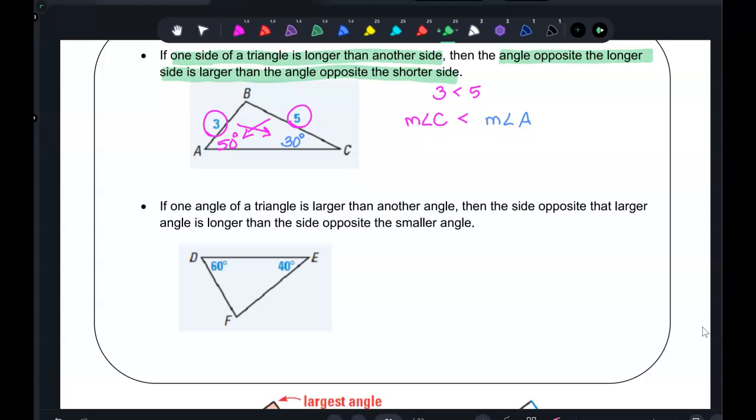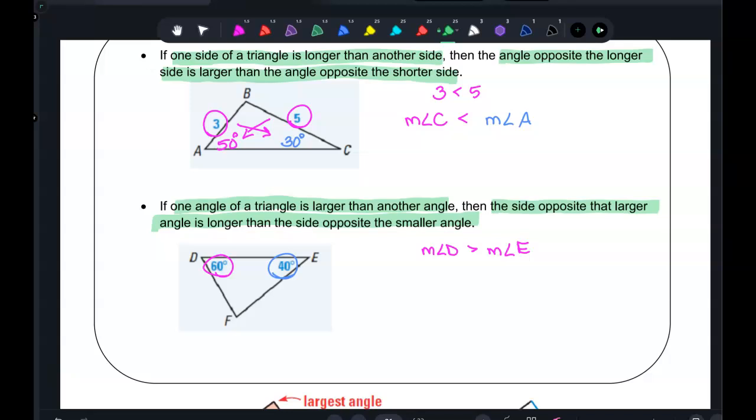Okay, now let's say we know the angle measures. So let's take a look. Let's say angle D, 60 degrees, is bigger than the measure of angle E. Do we see that? So this theorem says if one angle of a triangle is larger than another angle, then the side opposite the larger angle is longer than the side opposite the smaller angle.